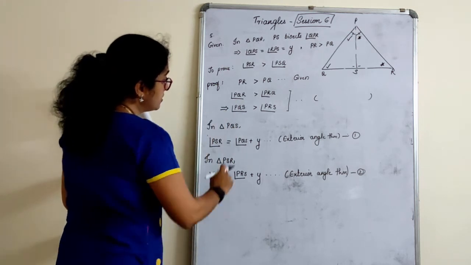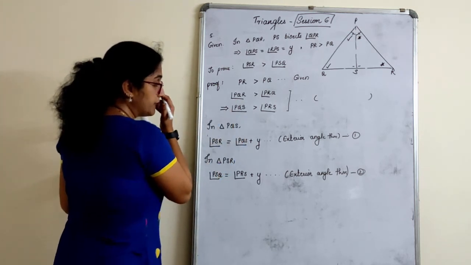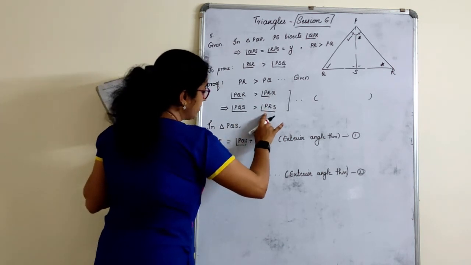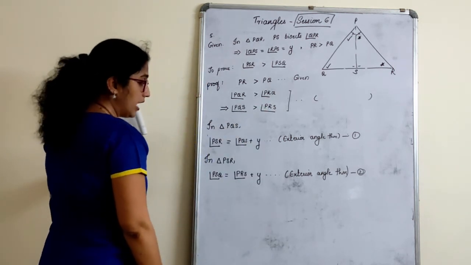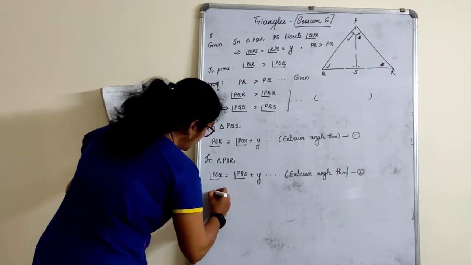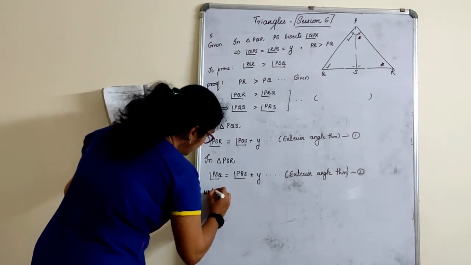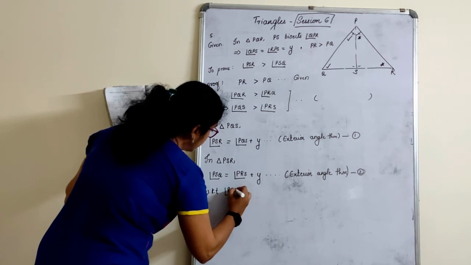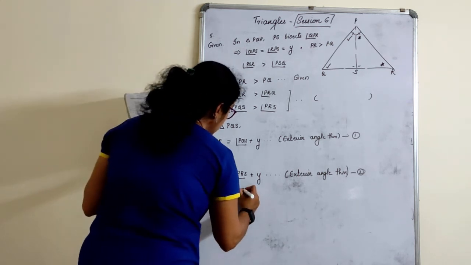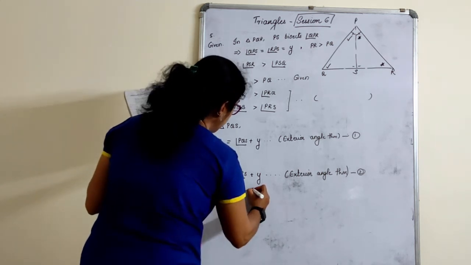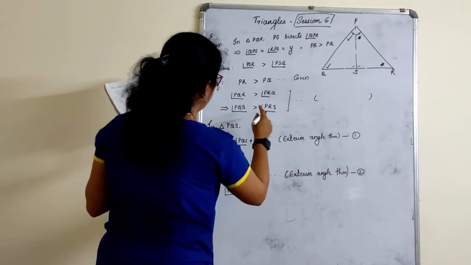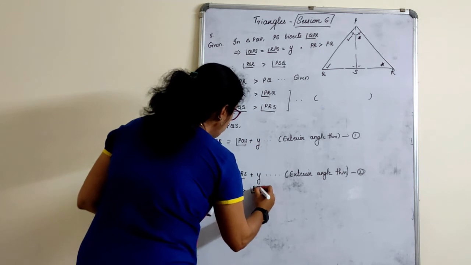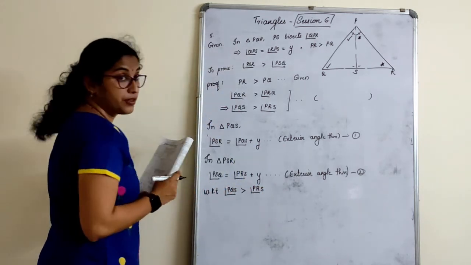Now let us write from the given part what we have assumed here: angle PQS is greater than angle PRS. We know that angle PQS is greater than angle PRS, right?